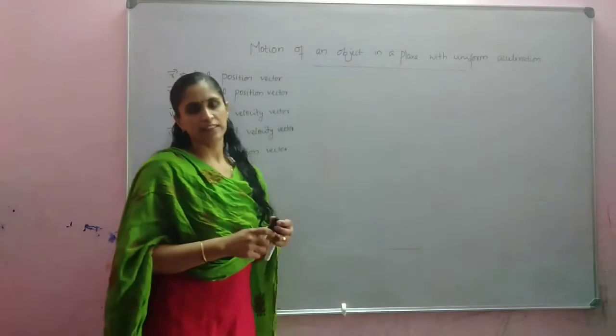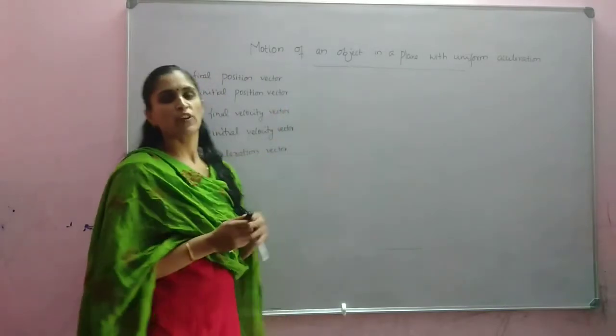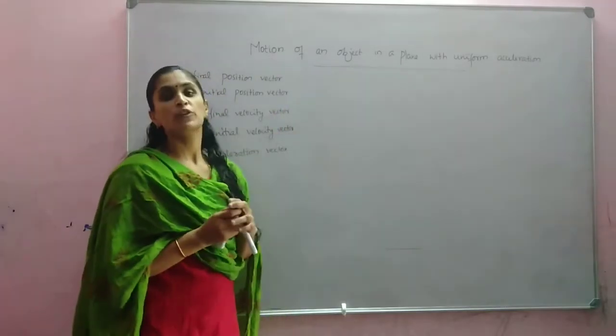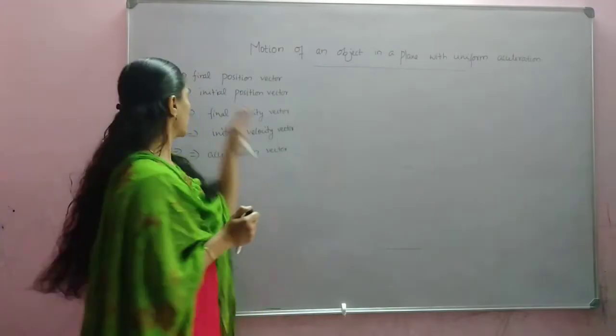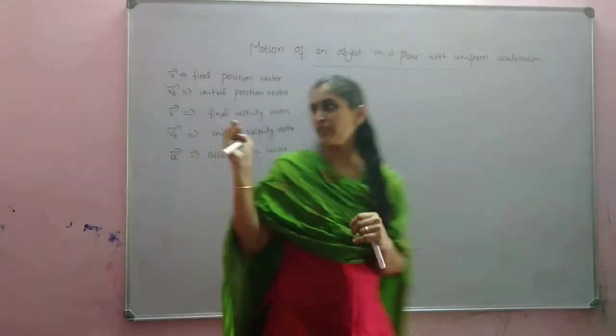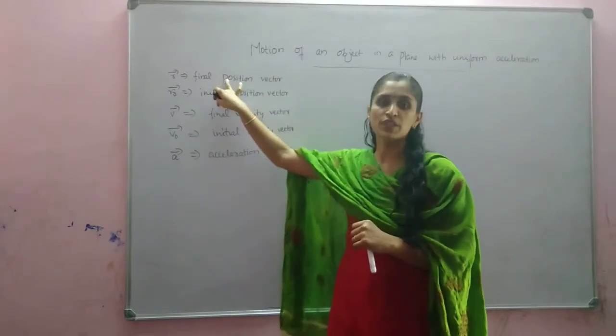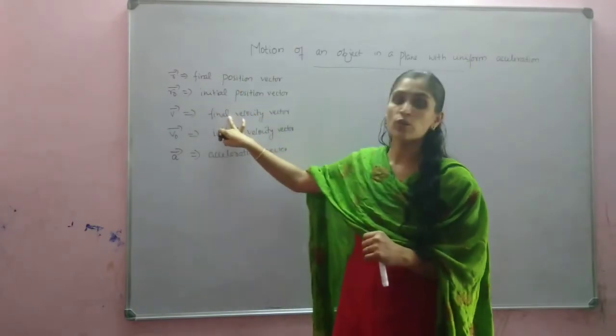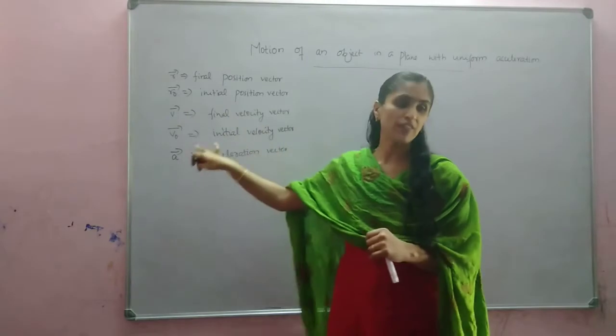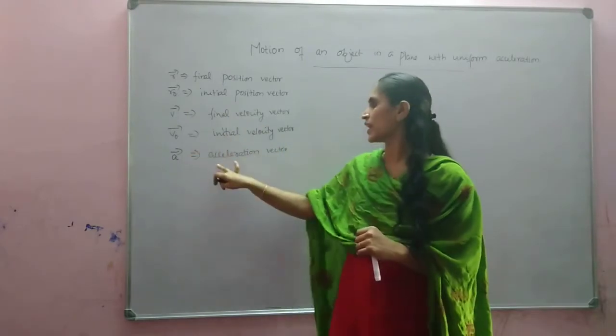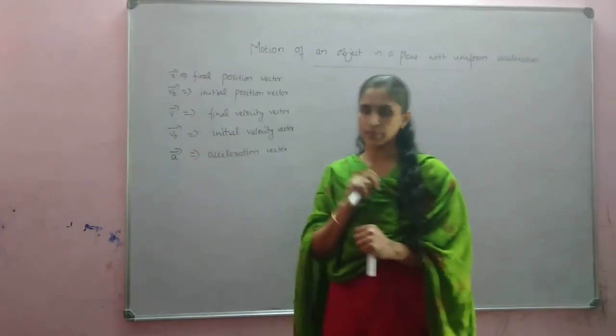So here we are considering the motion of an object in a plane with uniform acceleration. Okay. So the initial position is r0 vector, the final position is r vector, the final velocity vector is v, the initial velocity vector is v0, and the acceleration vector is a.